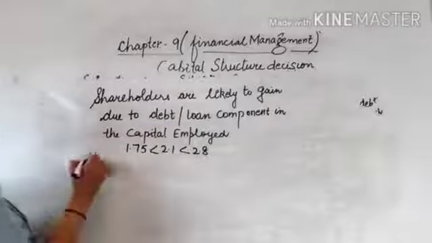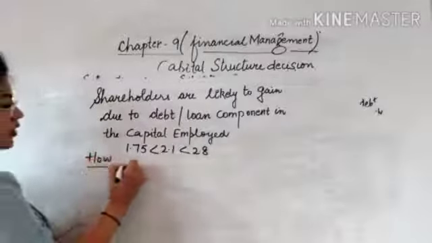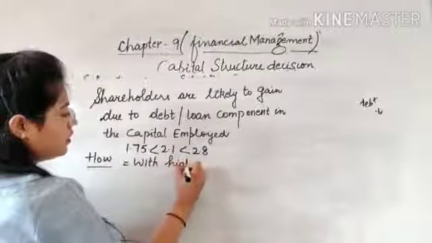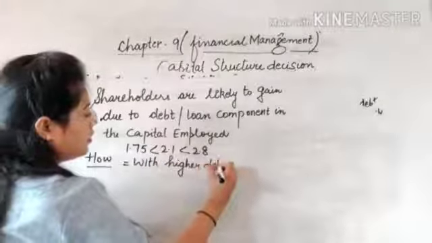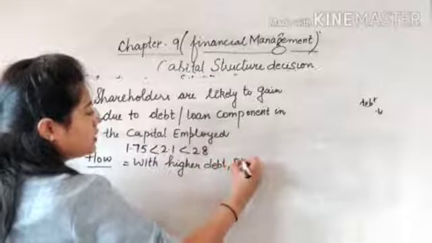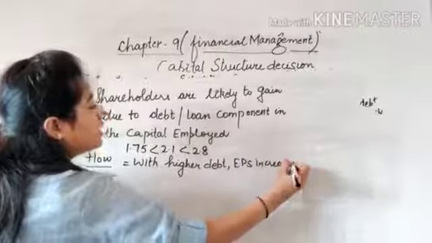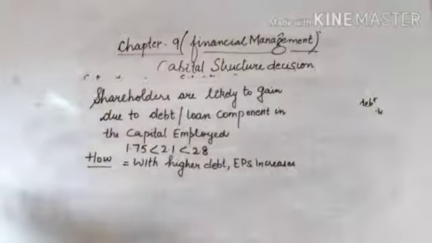Why so? Because with higher debt, EPS increases, but it is up to a certain extent.